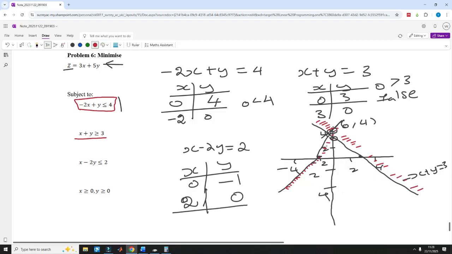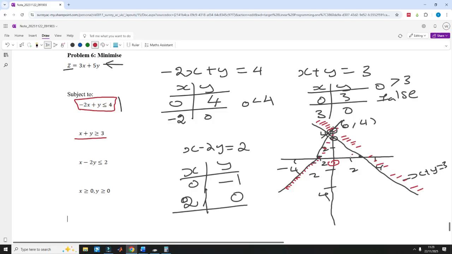Now you can solve this one. x minus 2y is less than or equal to 2. So x is equal to 0, y is equal to minus 1. So that's this point. And then x is equal to 2, y is equal to 0.